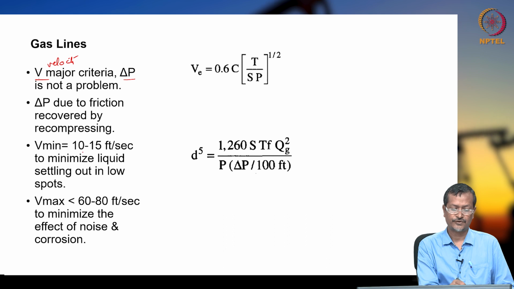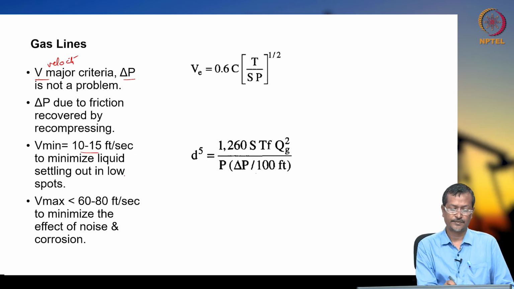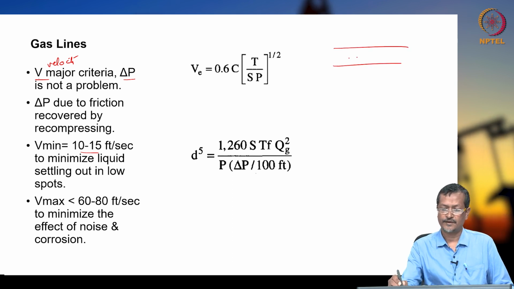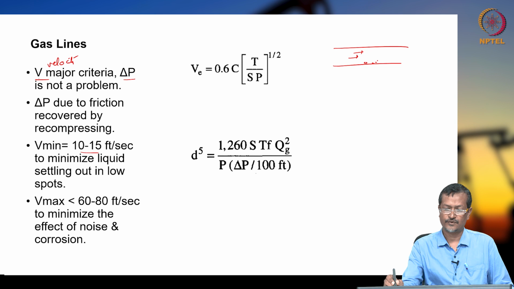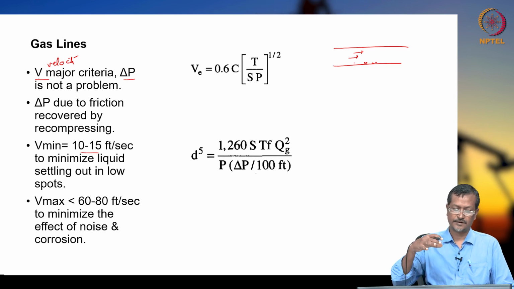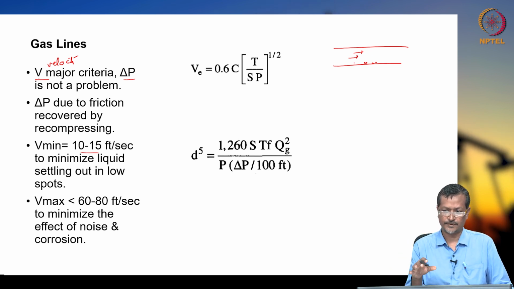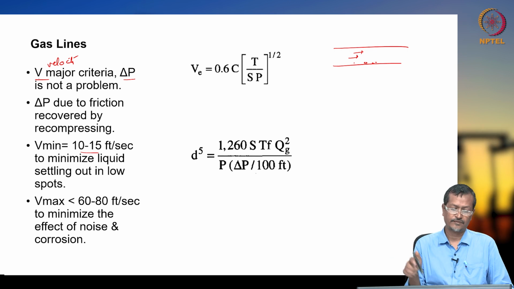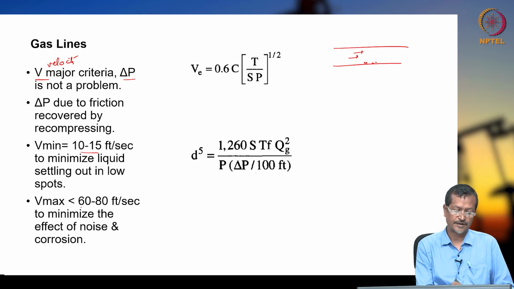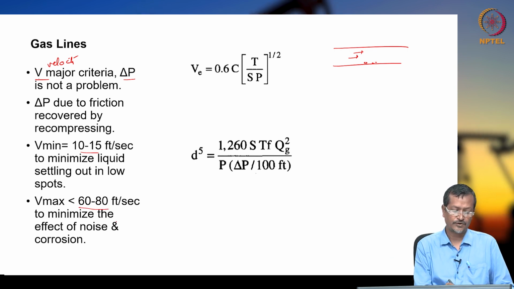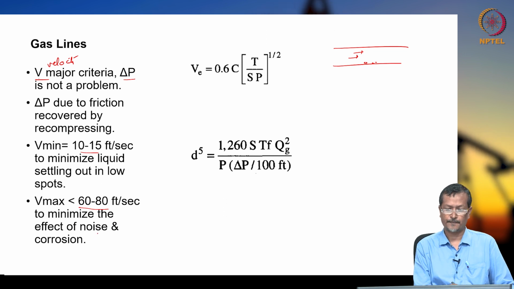Minimum velocity is 10 to 15 feet per second to minimize liquid settling out in low spots. If liquid settles out from the gas, it will block the flow path. Maximum velocity can be 60 to 80 feet per second to minimize the effect of noise and corrosion. Okay.